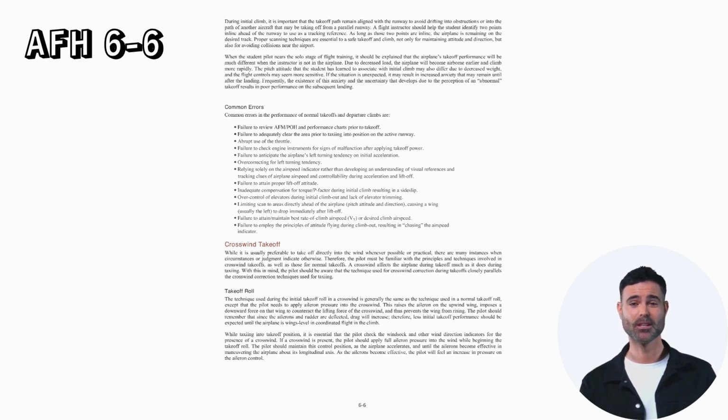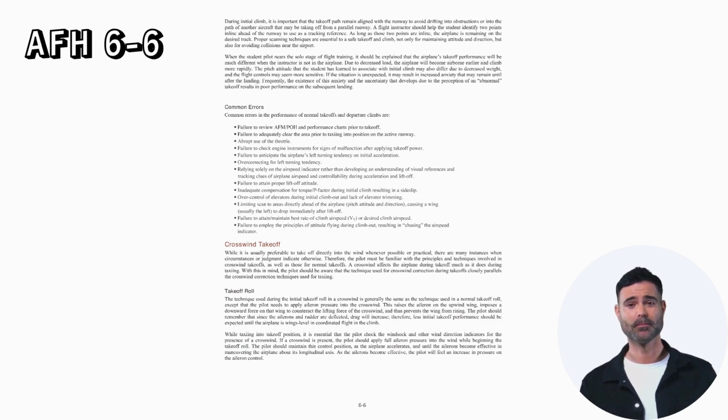If the situation is unexpected, it may result in increased anxiety that may remain until after the landing. Frequently, the existence of this anxiety and the uncertainty that develops due to the perception of an abnormal takeoff results in poor performance on the subsequent landing.